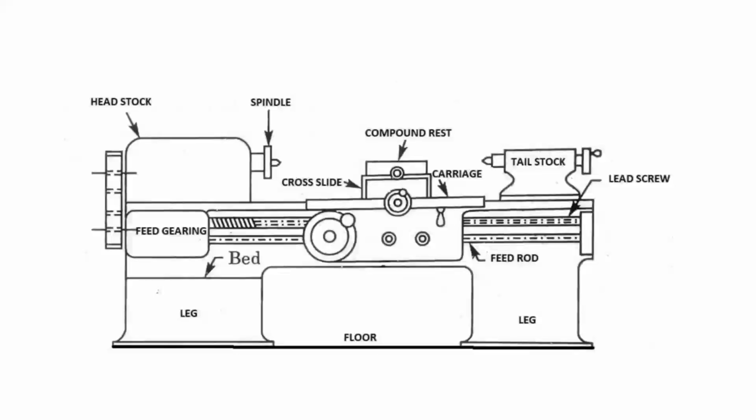We have already seen what are the forces which are acting on the lathe machine or the workpiece. So basically, during the machining operation, whatever forces occur have to be resisted by the lathe bed.